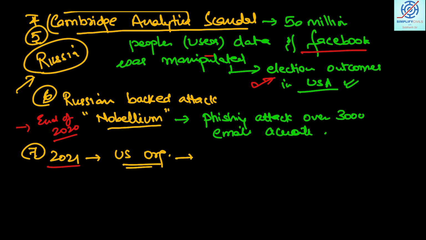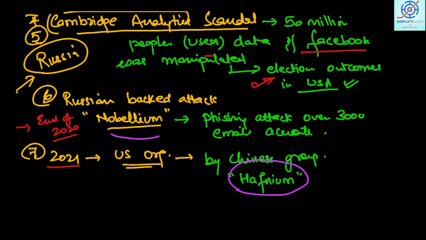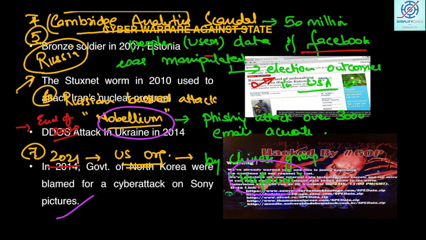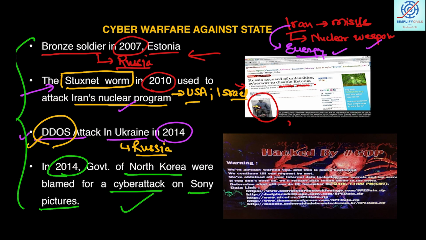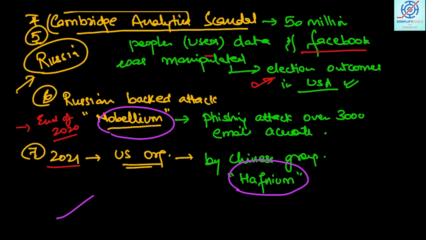It is being said that this attack was done by Chinese groups, and the name of the group is Hafnium. So remember these keywords, Hafnium and Nobelium, they are associated with cyber crimes. These are recent examples of cyber warfare, because nations are directly or indirectly involved. So remember this very important topic.